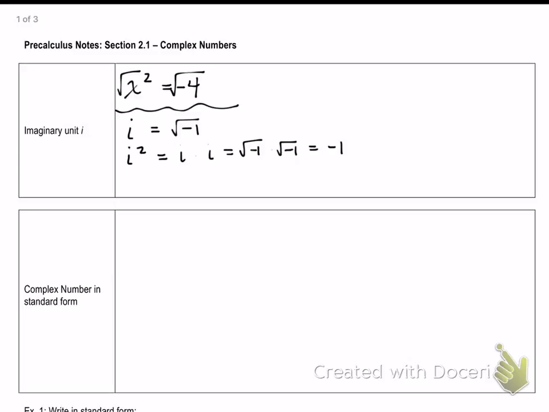So these are the main two that you need to be familiar with. So i, we define as the square root of -1, and then i squared is going to be -1 without the radical. Okay, so this is the imaginary unit.